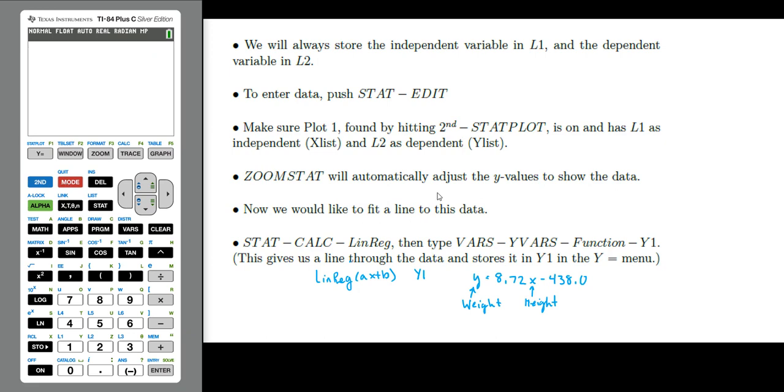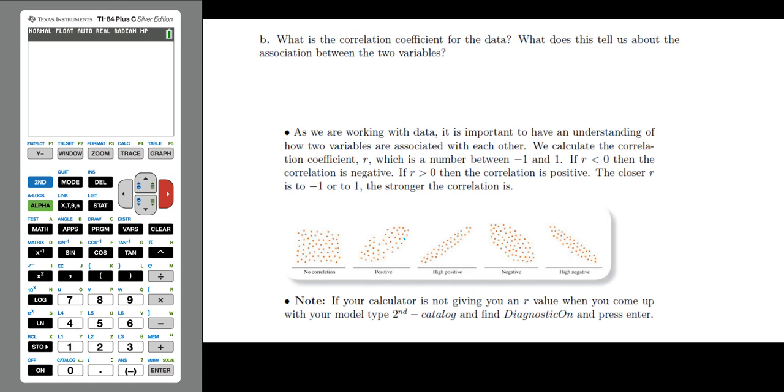Now on the next page here, it asks us, what is the correlation coefficient for the data, and what does this tell us about the association between the two variables? We'll talk about how to find it in the calculator in just a moment, but first some basic principles.